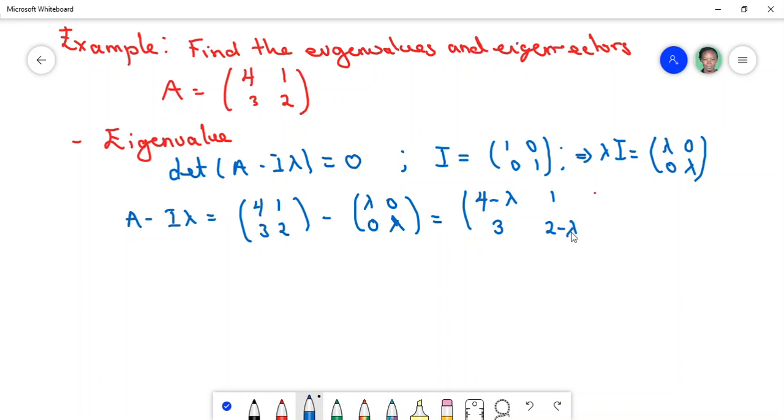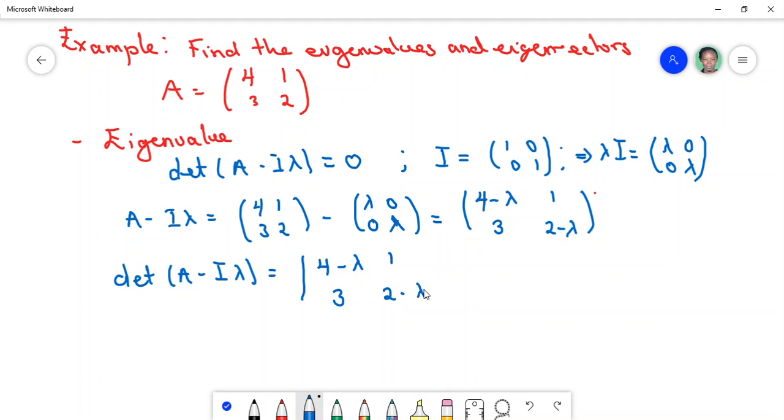If I take the determinant of this, the determinant of A minus I lambda is going to be equal to the determinant of 4 minus lambda, 1, 3, 2 minus lambda.